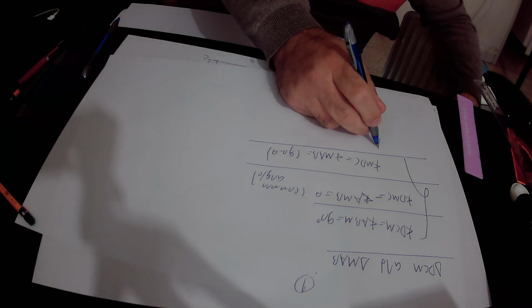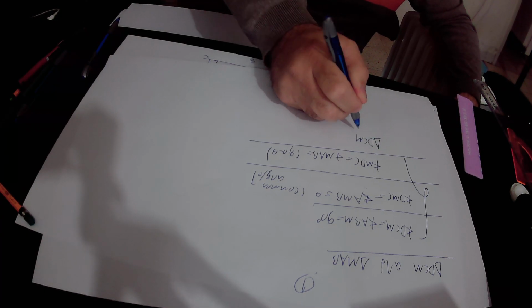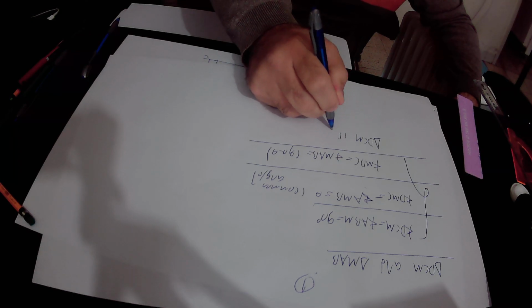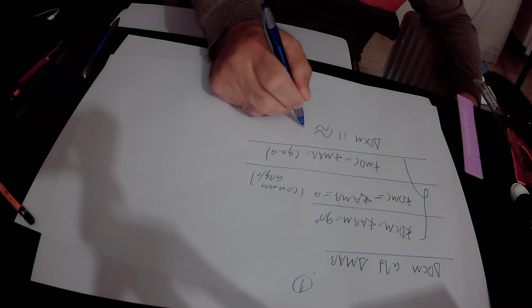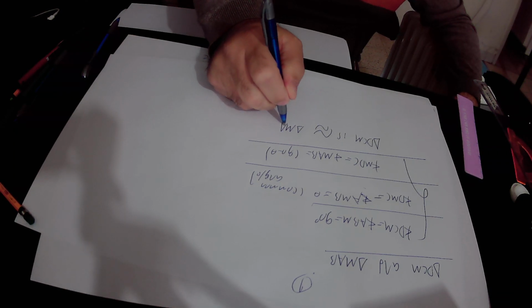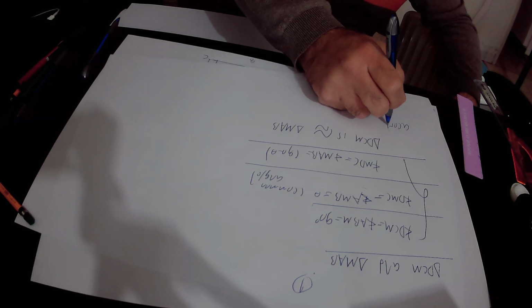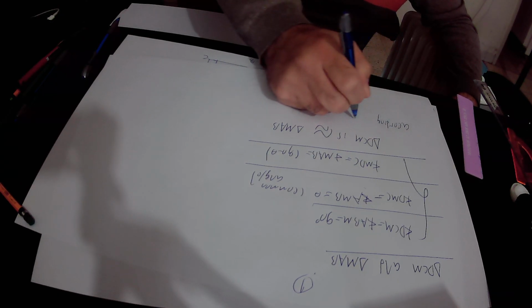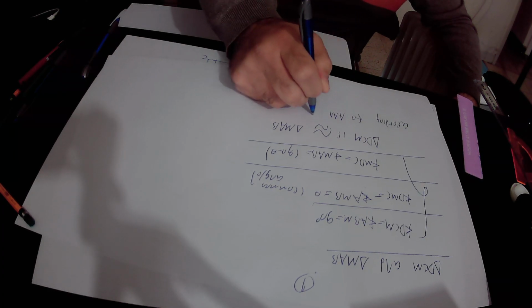So I write it down. The big triangle DCM is similar to the small triangle MAB according to the angle similarity rule.